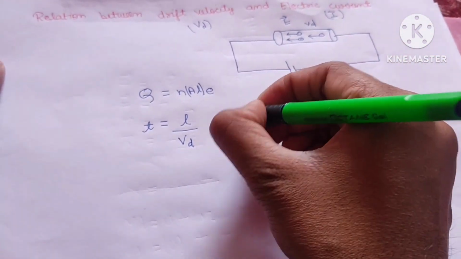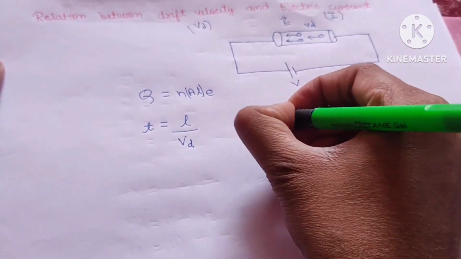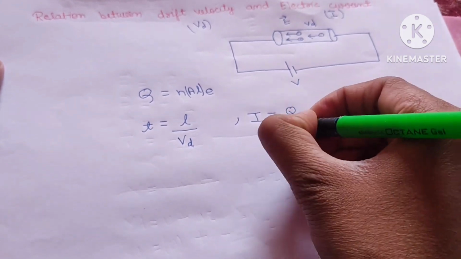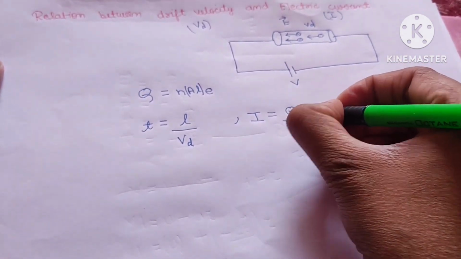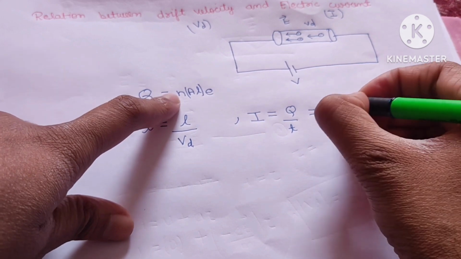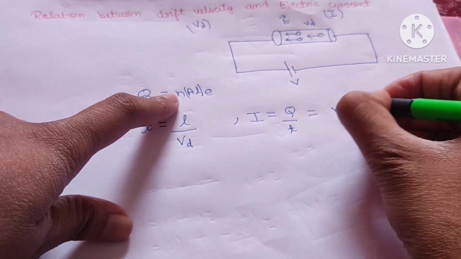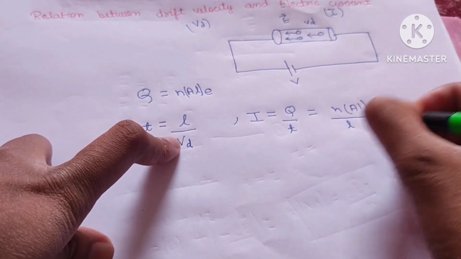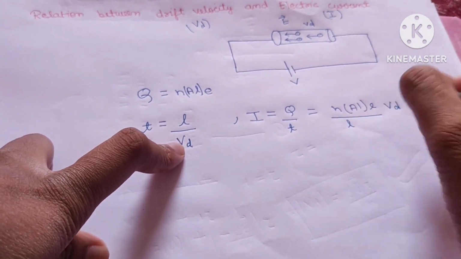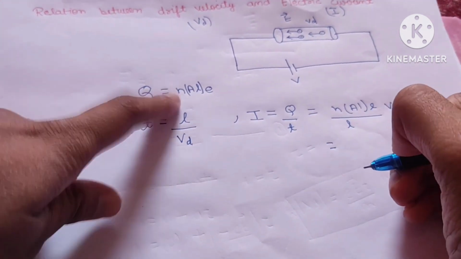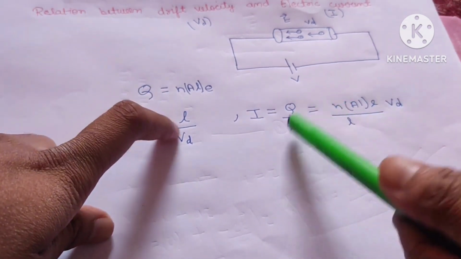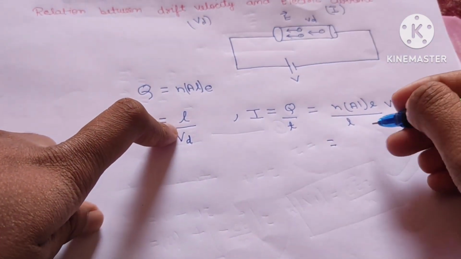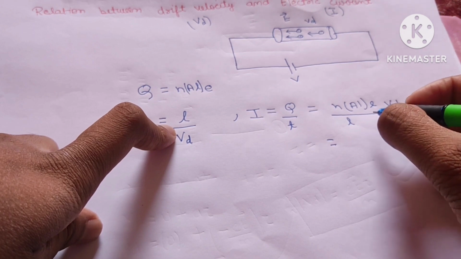And we know that I is equal to Q by T. Here Q, from this equation, is N A L E. What is T? T is L by Vd, so Vd goes upside. Putting these two equations in this, we will get our answer.